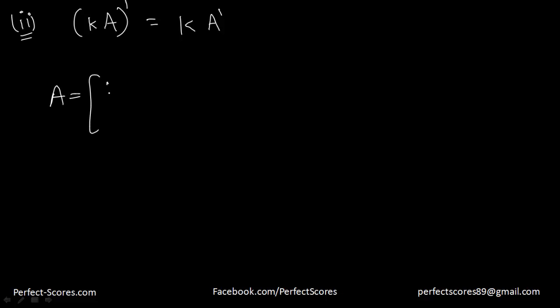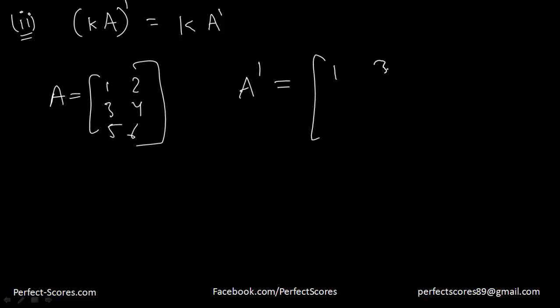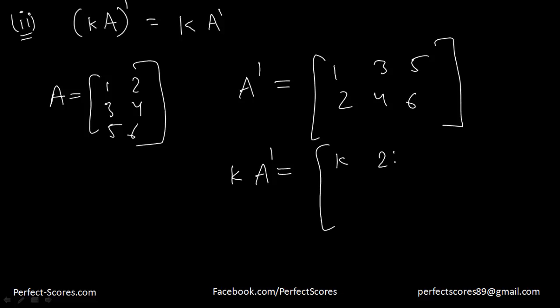The next property I would like to discuss is that if you multiply a scalar number with the matrix and then find the transpose, that is equal to the scalar number times the transpose. Suppose I have a matrix A, again 1, 2, 3, 4, 5, 6. Its transpose is 1, 3, 5 and 2, 4, 6. If I multiply a scalar number k with the transpose, it's going to be k, 3k, 5k, and 2k, 4k, 6k.